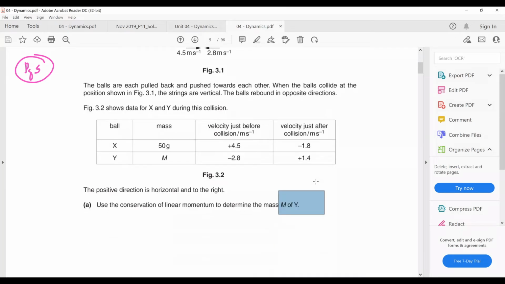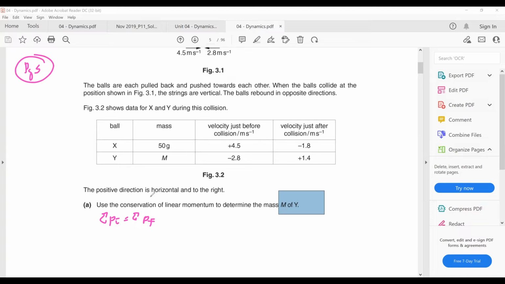So right now, what you learned last week was that when you're talking about conservation of momentum, the sum of the initial momentum equals the sum of the final momentum.